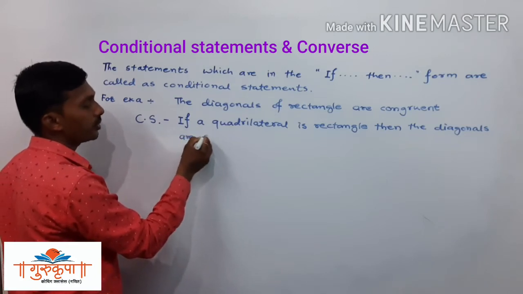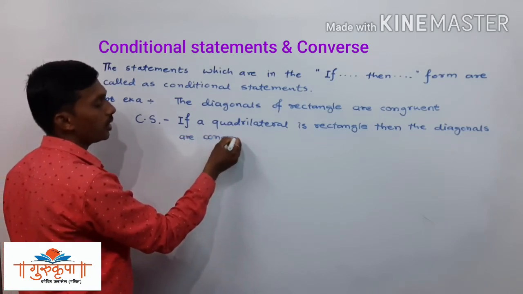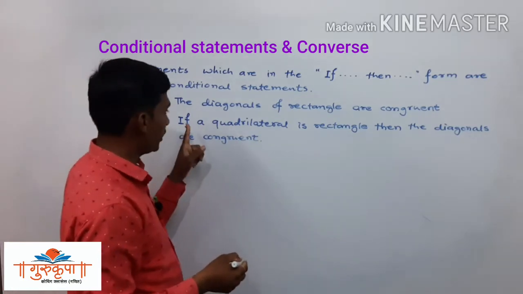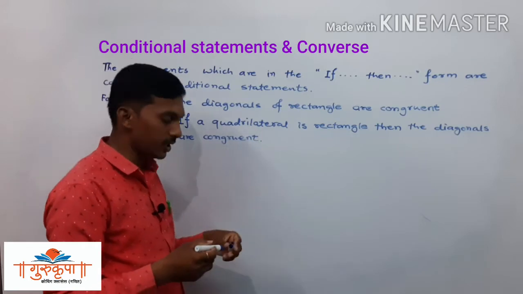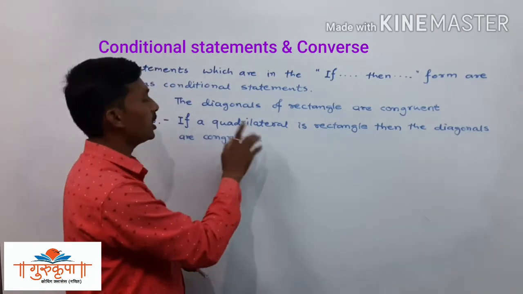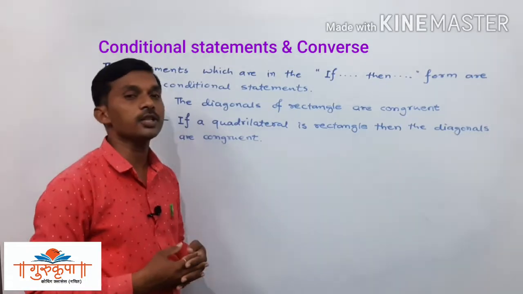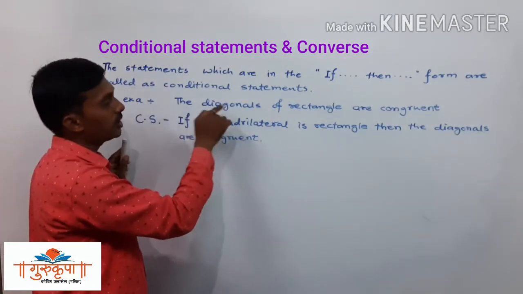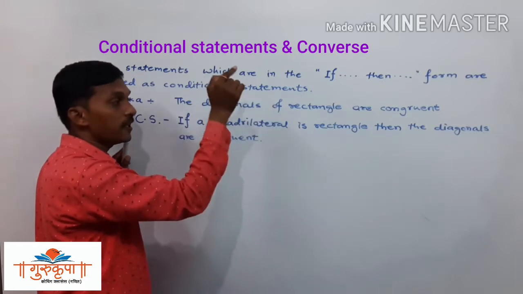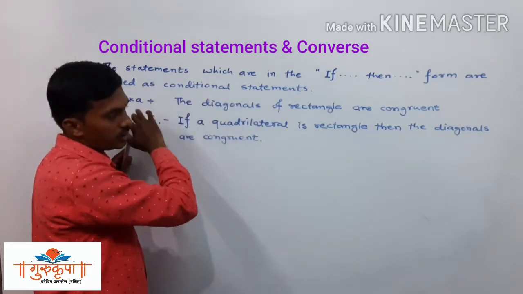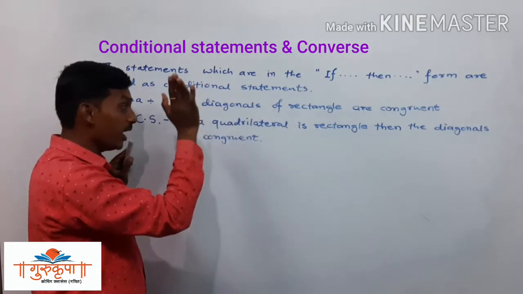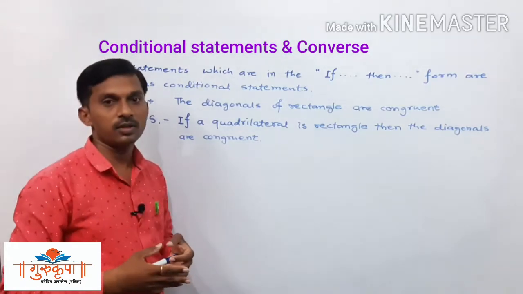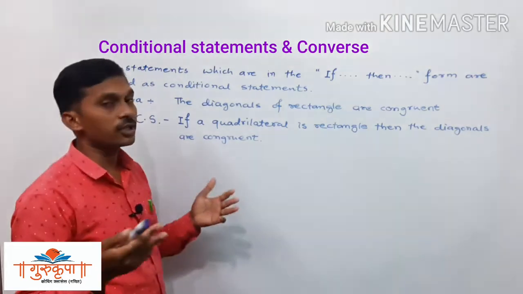Now this statement is called as conditional statement. If a quadrilateral is a rectangle, then the diagonals are congruent. This is the simple statement, since if and then are not included in it, and we converted it into the conditional statement.